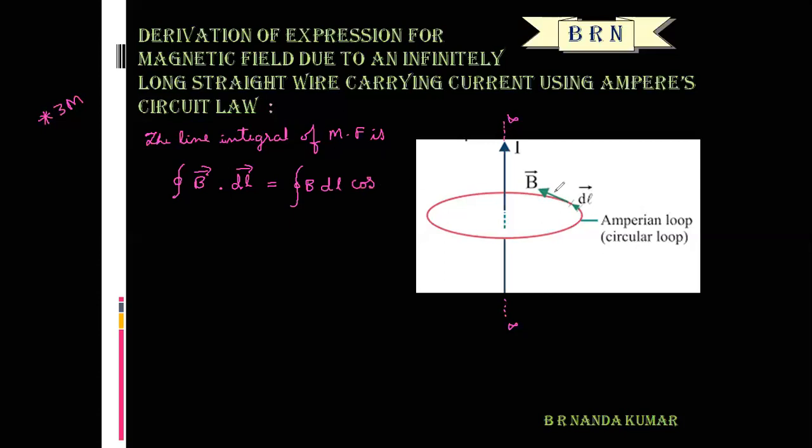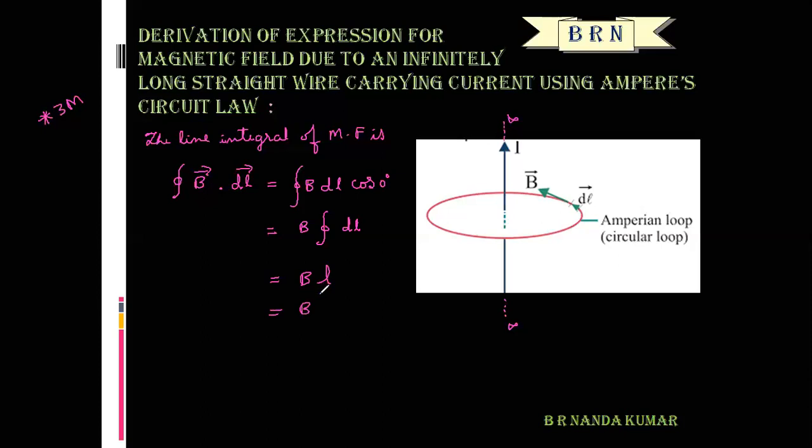Here B vector is tangential to the circular path, and dl vector is also tangential to the circular path. What is the angle in between them? That is 0, right? So cos 0 is 1, and the magnitude of the magnetic field is constant along the curve, so this constant is taken outside. B integration of dl cos 0, which is 1. So B times the integration of dl is L.